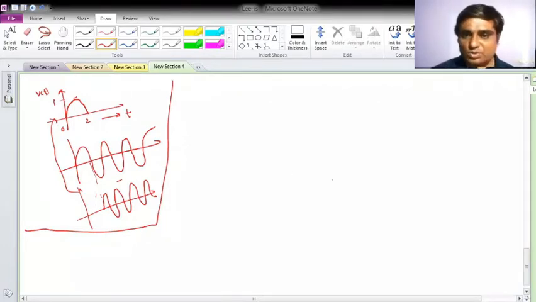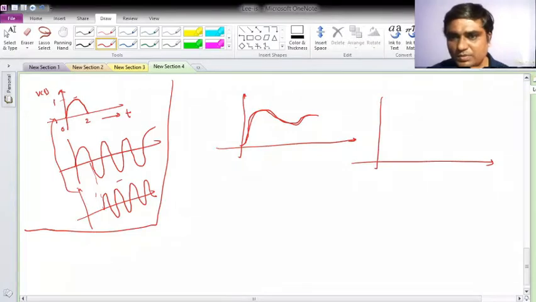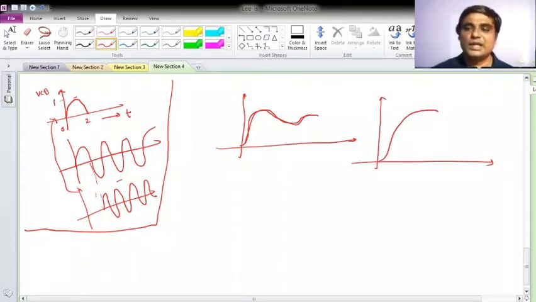Now if I ask you to represent something other than the signals we have seen, that is ramp, unit step and sine, let's say this, which is smooth, or something like this, it is highly difficult to approximate.